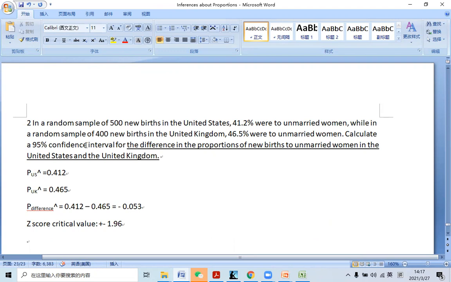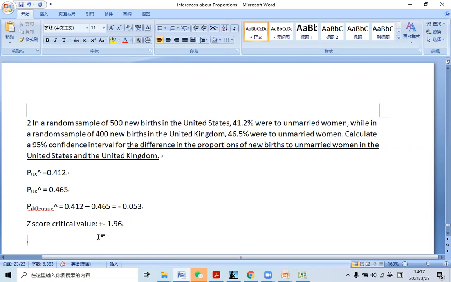And for your confidence interval, you want 1.96 standard deviations above the mean and below the mean.